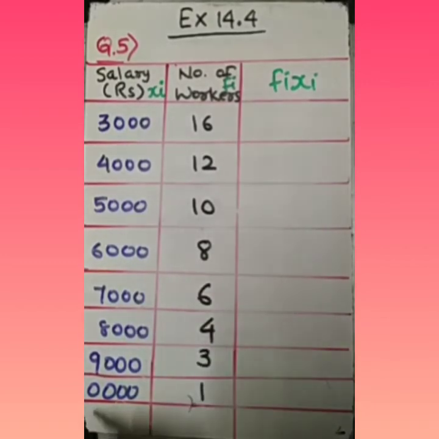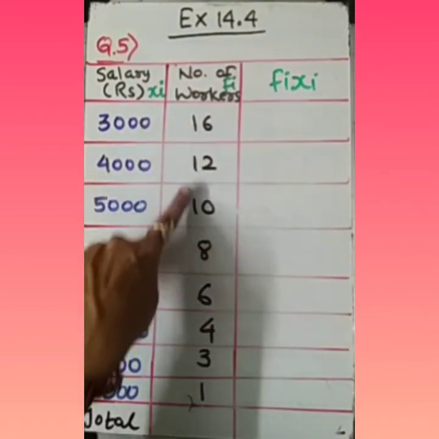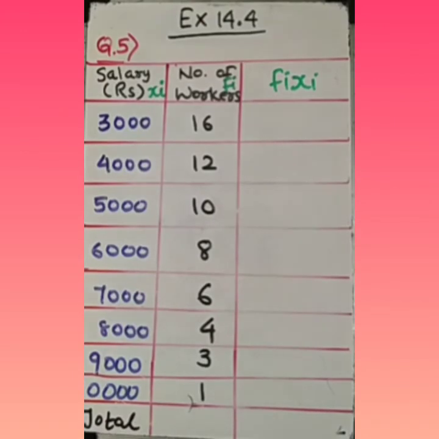Dear student, I need to mention the total here, where we do the sum of all this. As I already taught you, sum means summation, and summation is defined with sigma.